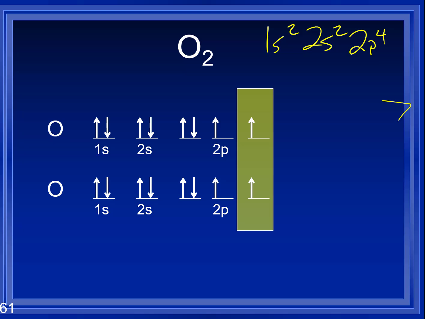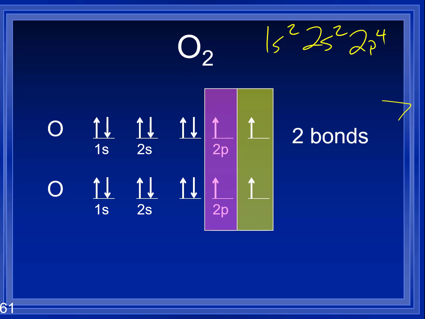That doesn't make them noble gas configuration. What do we do? Share more. They share both of those p electrons. They just have to share twice, right? So I'd have to make 2 bonds. I'd have to make a double bond.